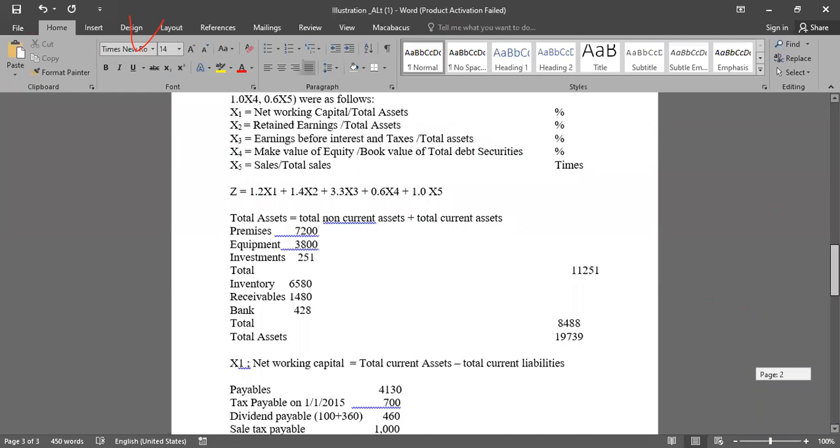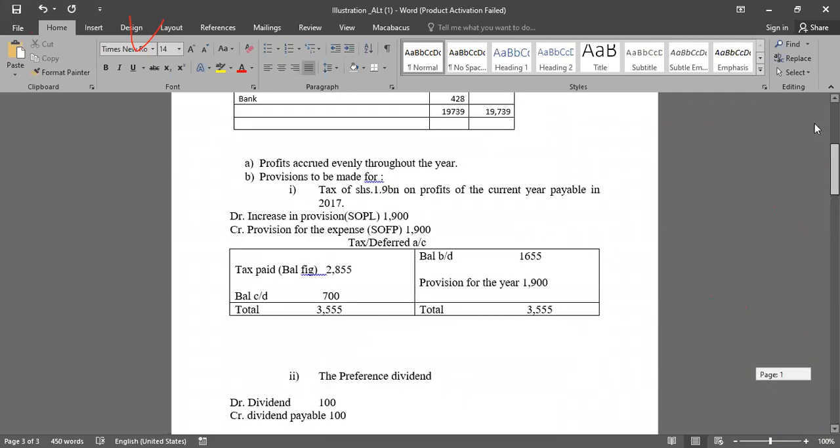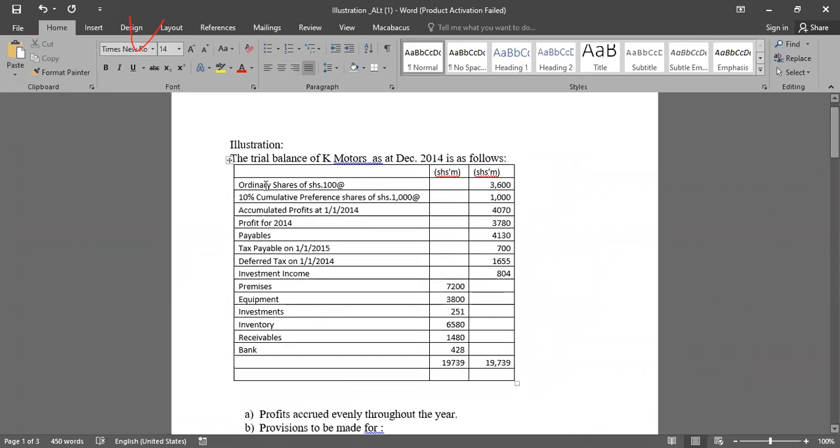Market value is based on the prices of the shares, what they're offering on the security. Here, ordinary shares cost 100, and therefore they have a total value of 3,600. So how many shares at 100 can give you 3,600? This divided by 100 gives the number of shares.